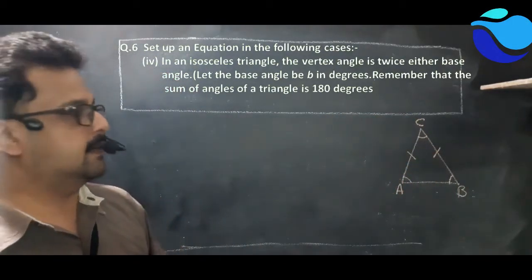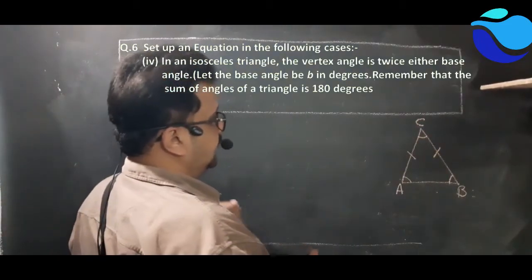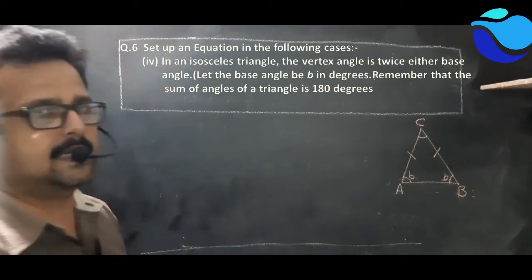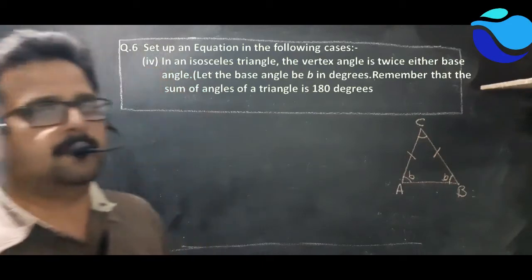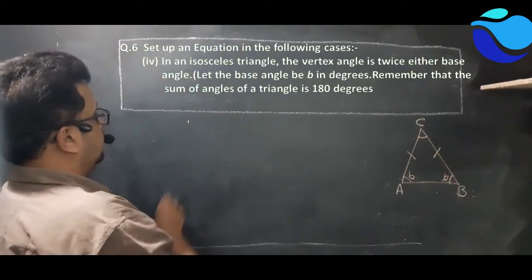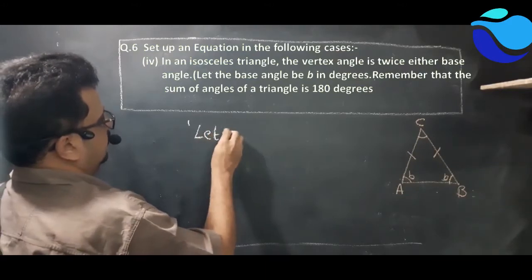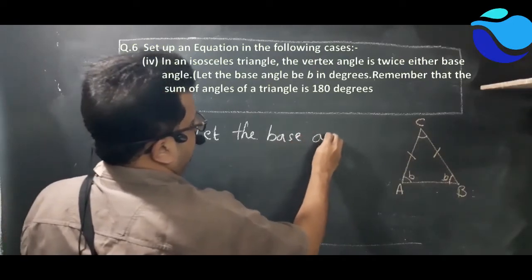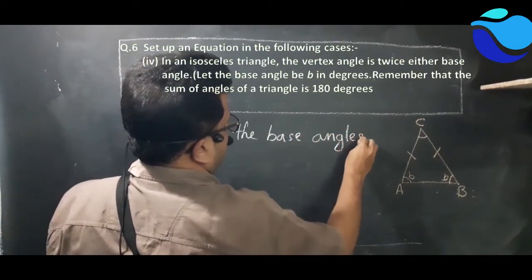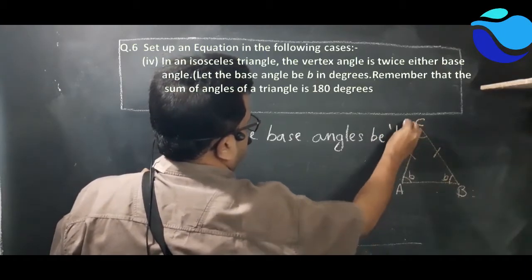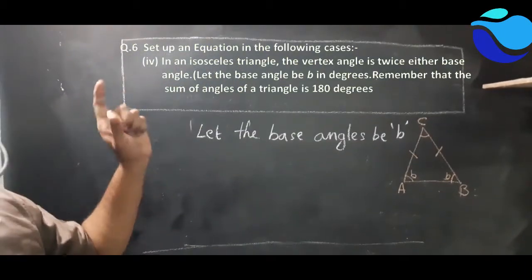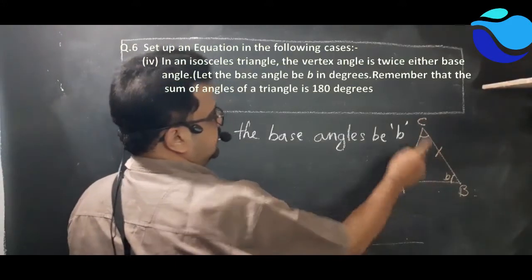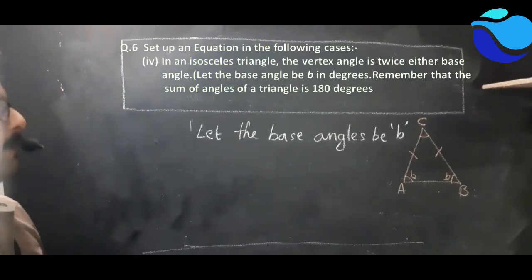So we can take the base angle as B. Since both of them are the same, we can take it as angle B. So we can write here, let the base angles be B. And it is given that angle C is twice the base angle B.